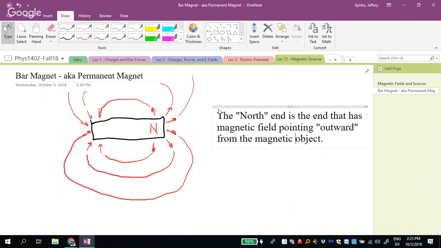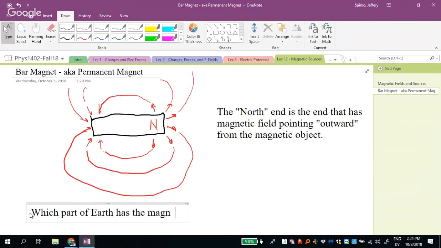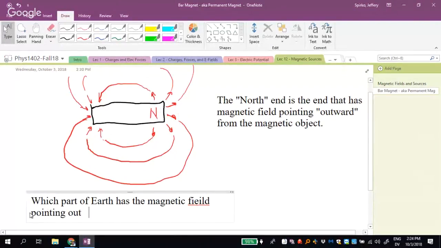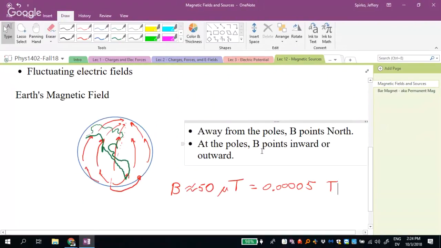So what does that mean for the Earth? Which part of Earth had the magnetic field pointing outwards? It was actually the south end of Earth.